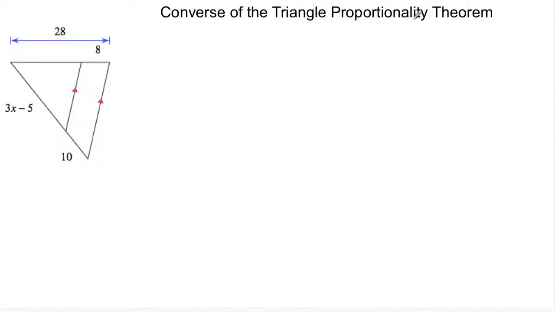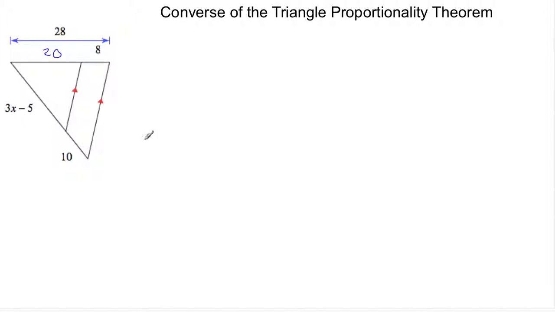Now there's also the converse of the triangle proportionality theorem. So if we want to solve for x here, we can see that if this whole side is 28, this side is 8, this must be 20. This is not a midpoint, so this is not a midsegment, so we can't just set it up evenly.